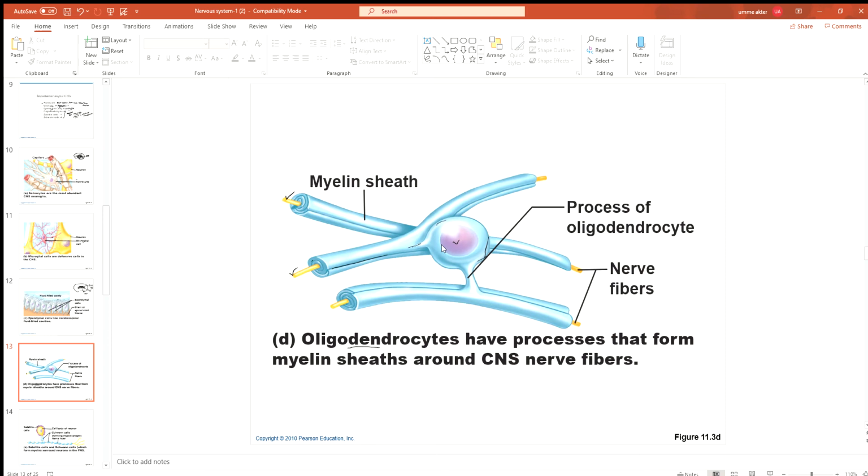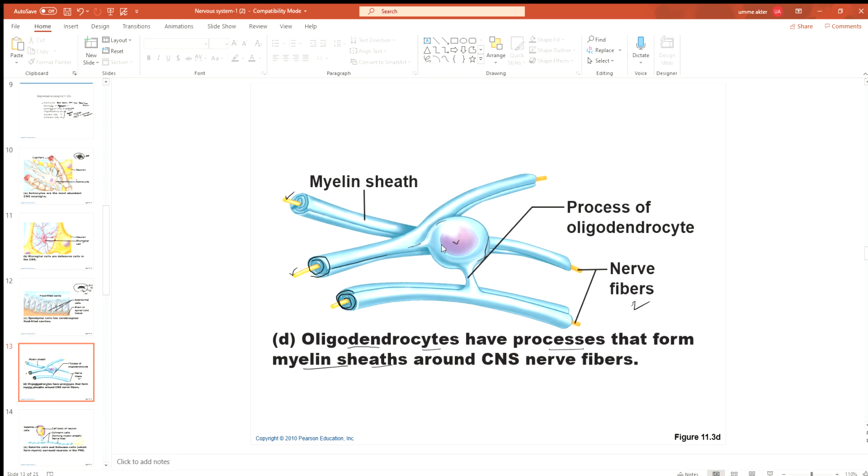You see, they make several layers around the nerve fibers. Here you see a number of layers covering the nerve fibers. So oligodendrocytes, remember, have processes that form the covering, and that covering is called the myelin sheath.